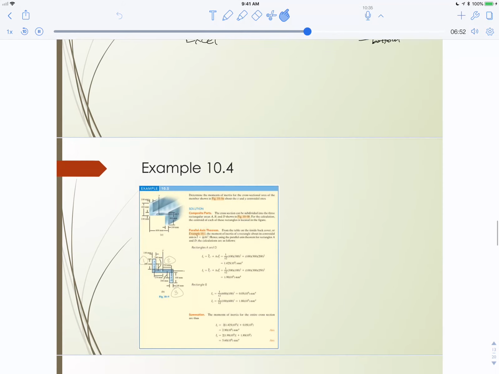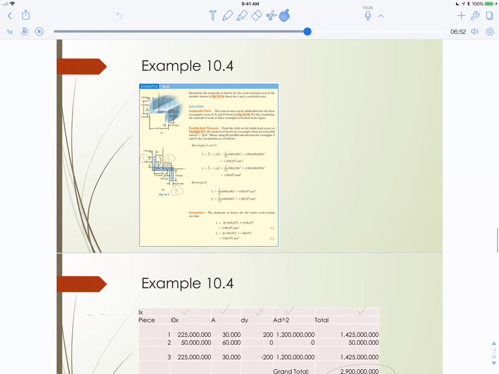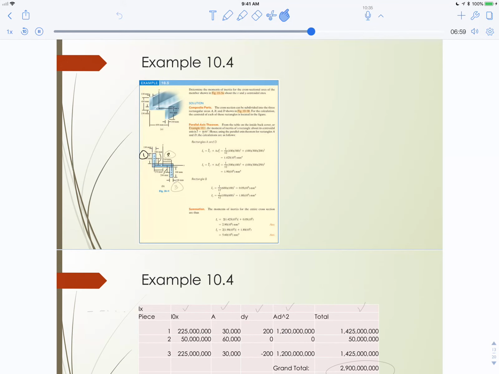Similarly, I redid example 10.4 in Excel. That's piece 1, piece 2, and piece 3. And I've posted these slides as PDFs so you can look at them. They wanted to know moment of inertia about the x-axis and moment of inertia about the y-axis.